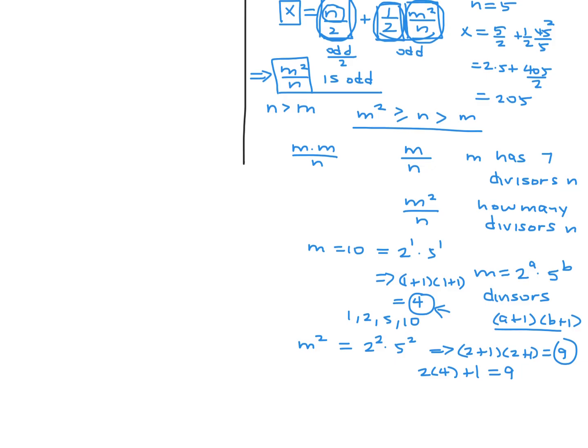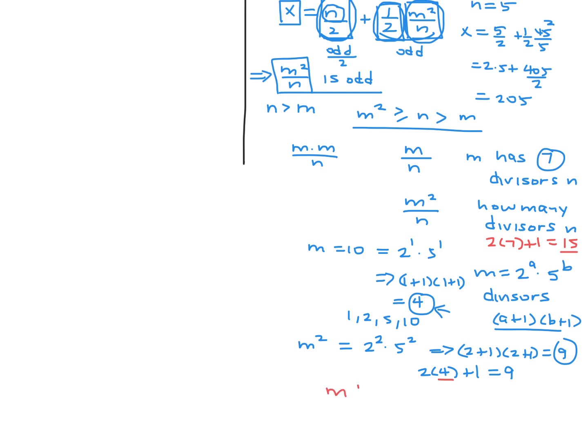So if this was 7, let me write it in red, it would be 2 times 7 plus 1, which is 15. So 15 is the number of divisors for that scenario for m squared. So let me write that.